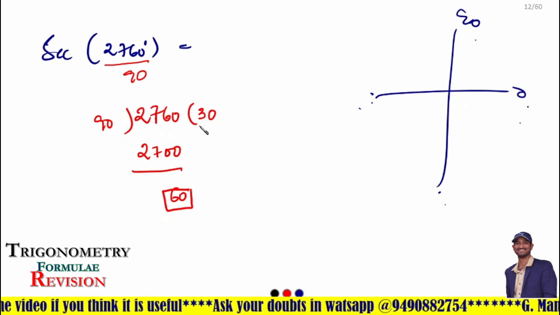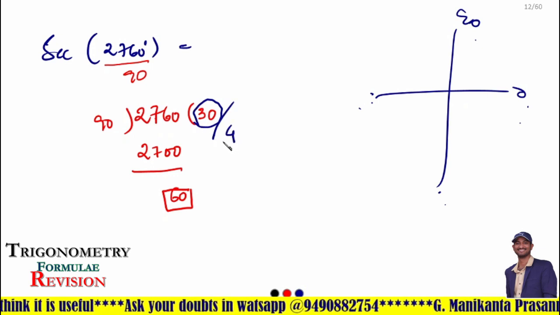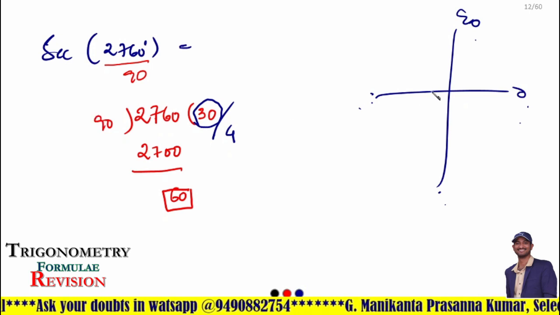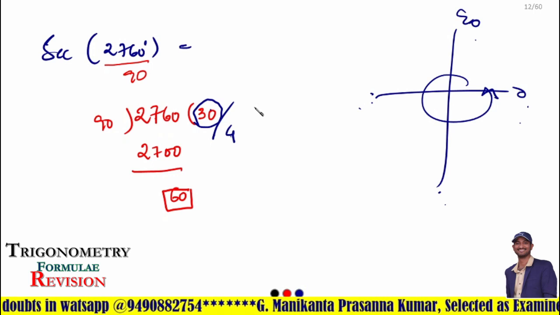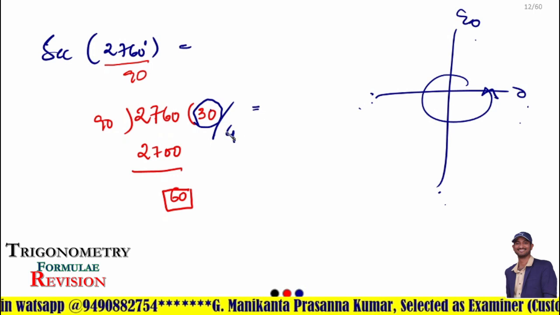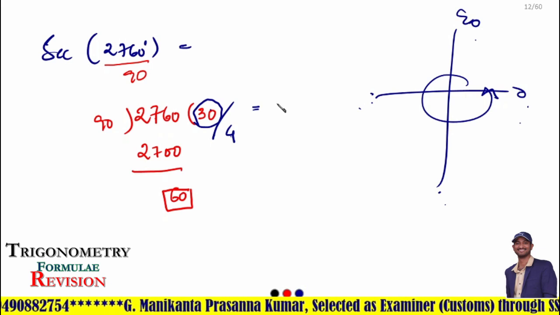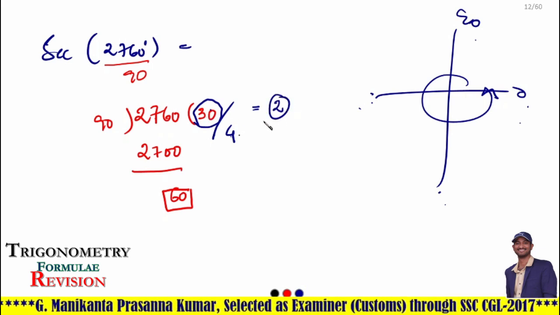Now there is a quotient 30. Divide the quotient by 4, because 4 90s form one revolution. 30 by 4, what is the remainder you are getting? Remainder, not quotient. The remainder is 2, because 4 sevens are 28 and 2 is the remainder.